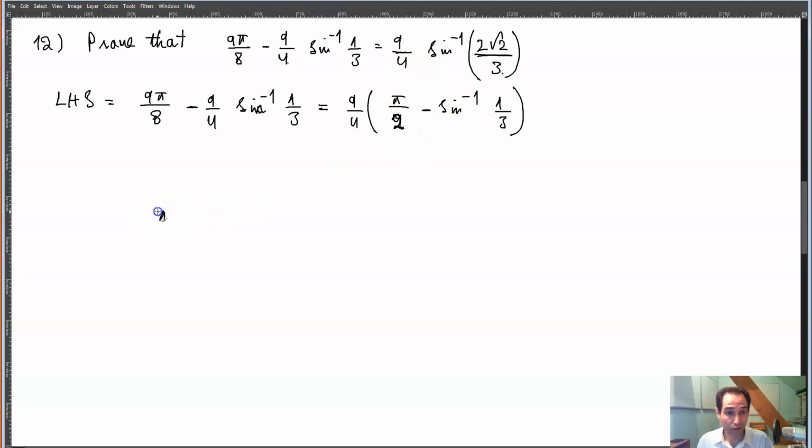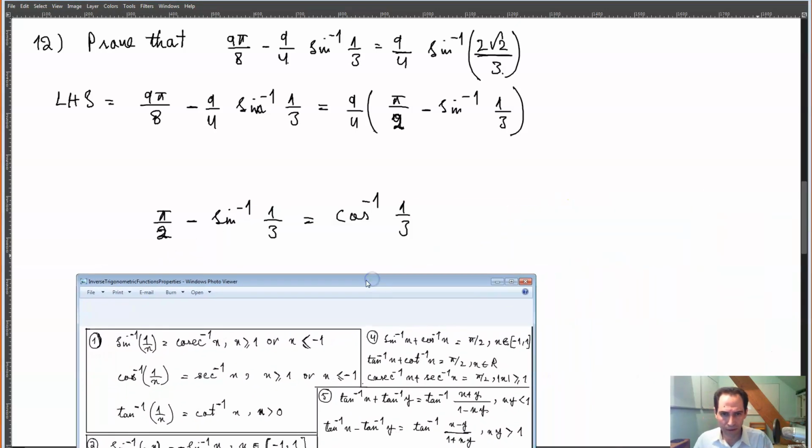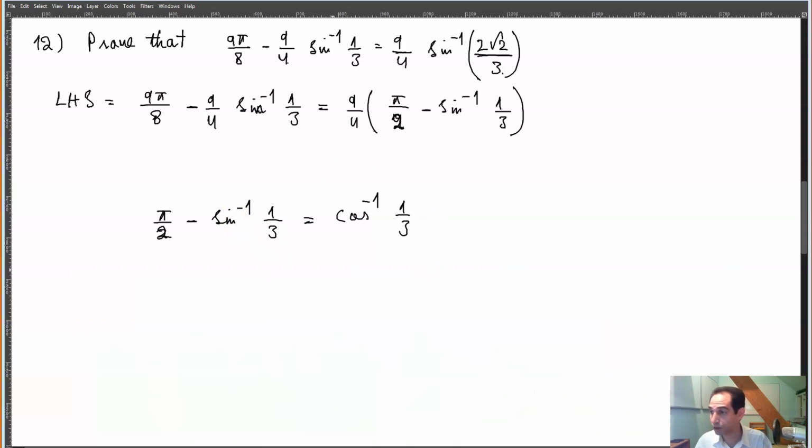It seems that you can write pi divided by 2 minus sine inverse of 1/3 as the cos inverse of 1/3. Now let's see how. That is based on this formula, which is the sine inverse of x plus the cos inverse of x is equal to pi divided by 2, right?